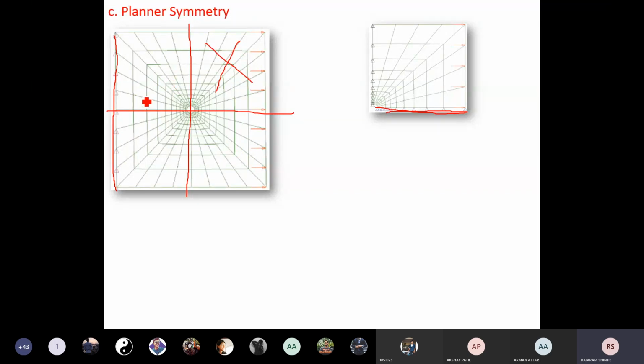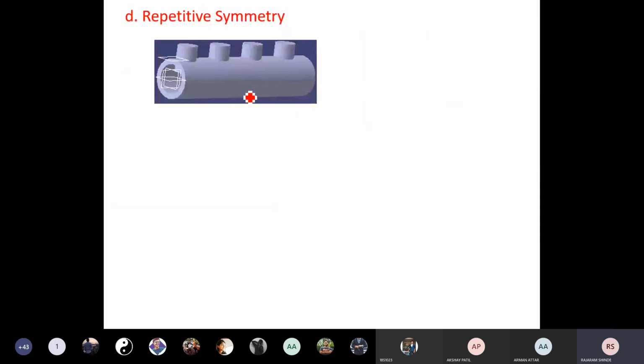Okay, next symmetry is repetitive symmetry. Now you see here, this is the object. Here this is a pipe, and there are some openings in this pipe. Okay, now these openings are at the same distance, so it is not necessary to model the whole pipe.